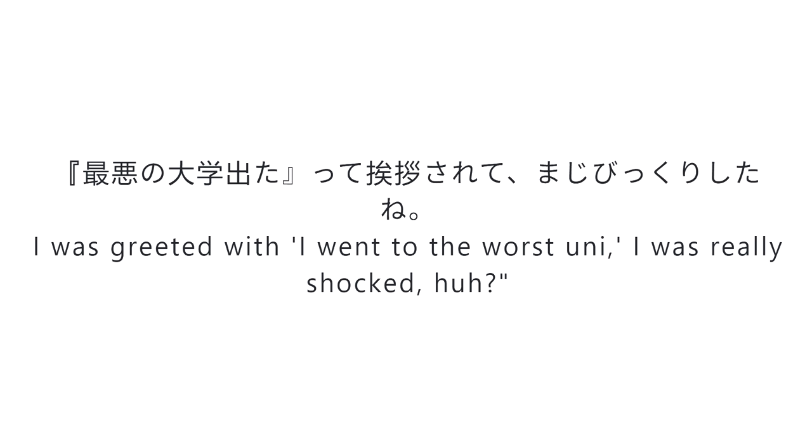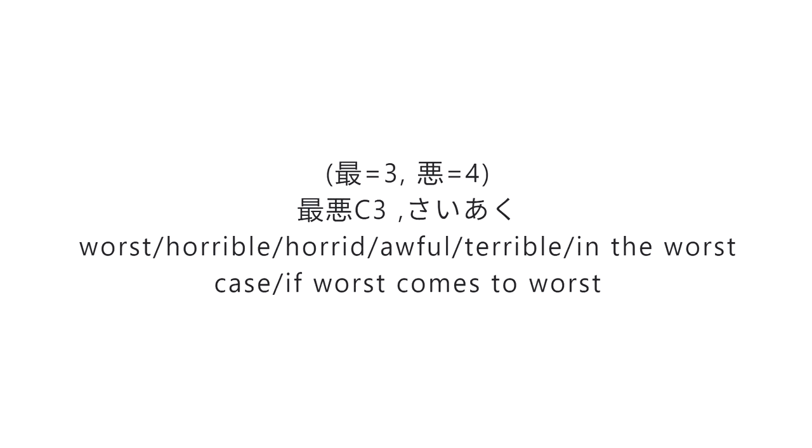Cobbling these sentences together can be pretty difficult, and these are the important words I wanted to get in, but it turned into this weird sentence, but it's all good. So saiaku is reasonably used, C3, and it means most terrible.